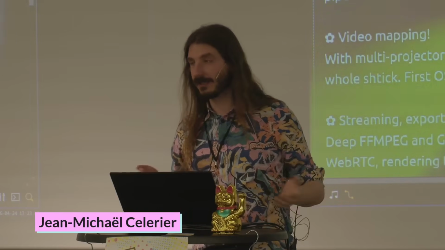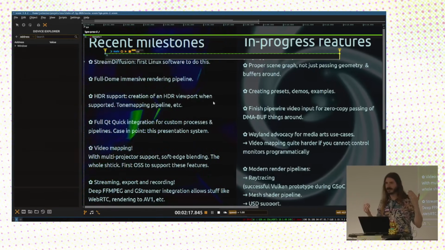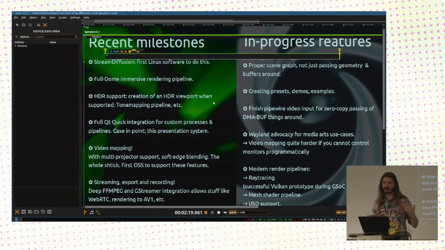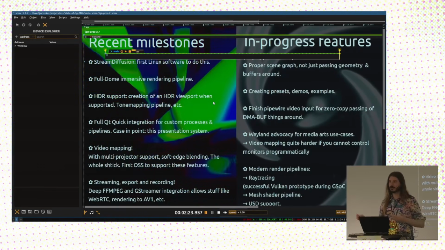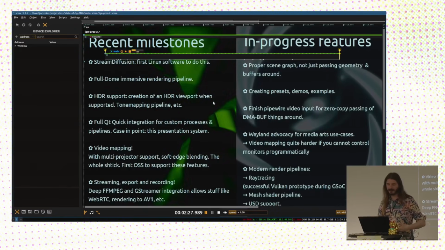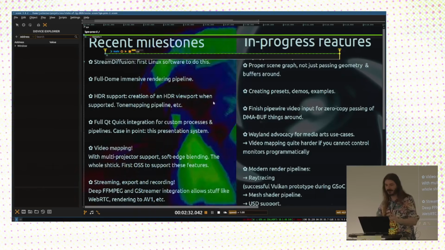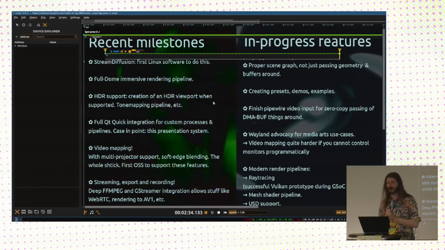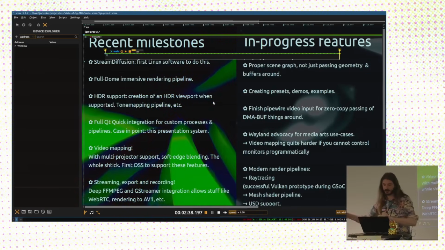And finally, next steps are modern rendering pipelines, so ray tracing, etc. Last year, we had a GSoC Google Summer of Code student, so a student paid by Google for a few months, who did a prototype of how we could embed a ray tracing pipeline that really leverages the GPU into an Ossia Core implementation. This was successful, so now we have to turn this prototype into a concrete implementation.